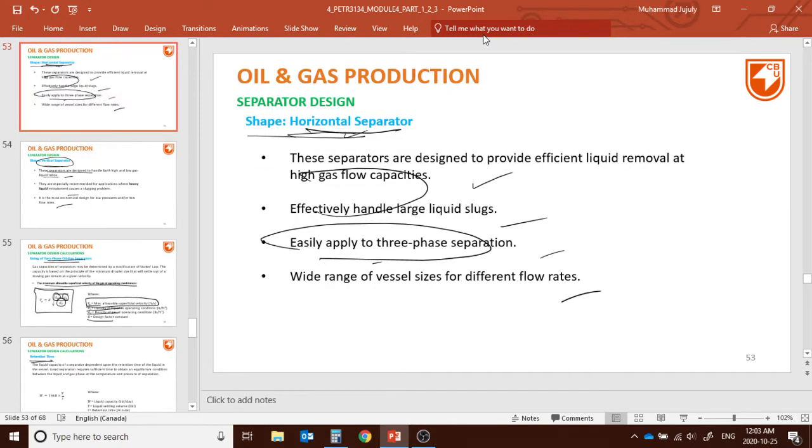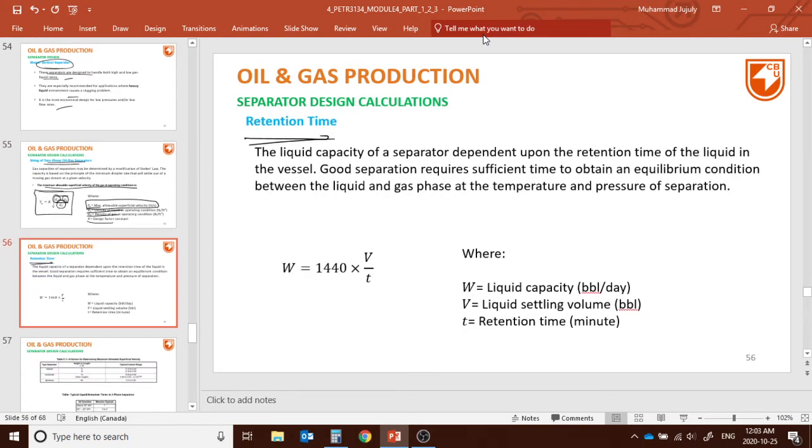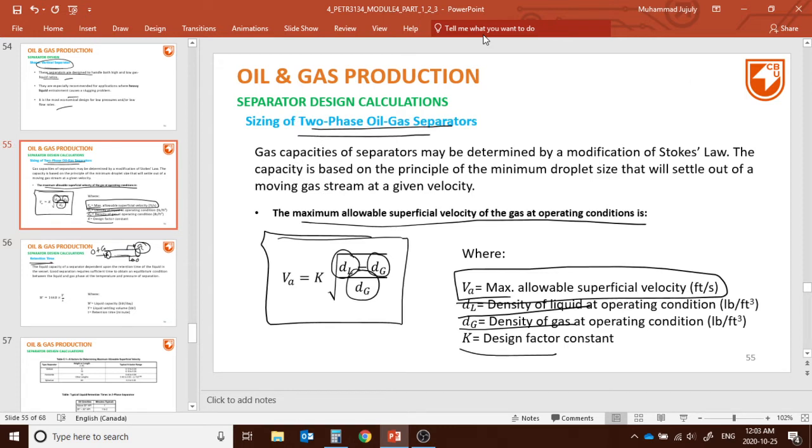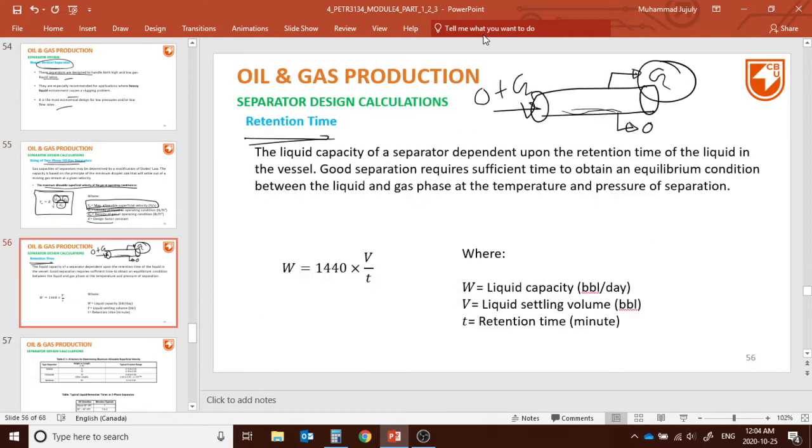So what is that actually? Here is the separator, for instance. We put in oil and gas. The gas will go out, and after a certain time the oil will stay, and then the oil will also go out. Now if we know the maximum allowable superficial velocity of the gas, how much gas will it actually create?